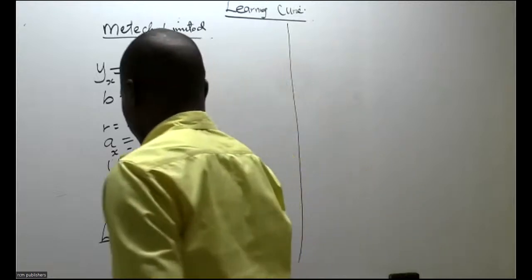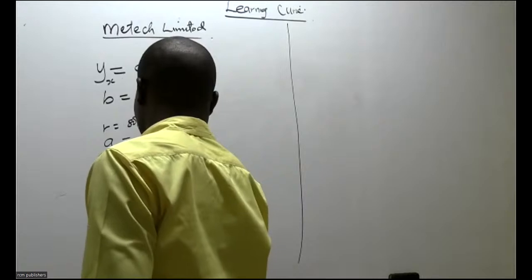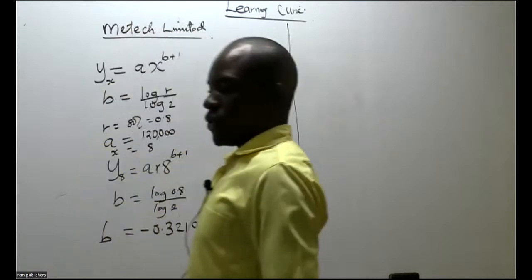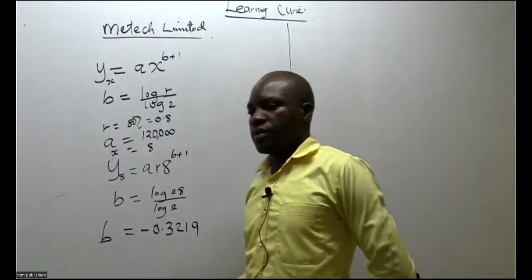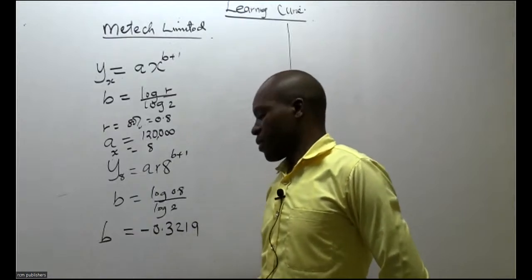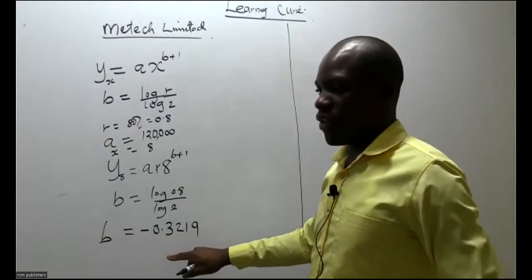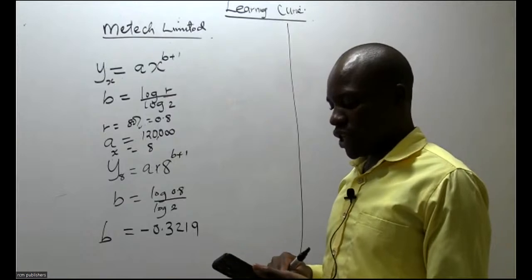Negative 0.3219. So is it now clear to all of us? Ross, confirm. Good. Are you able to see this anywhere within the question?